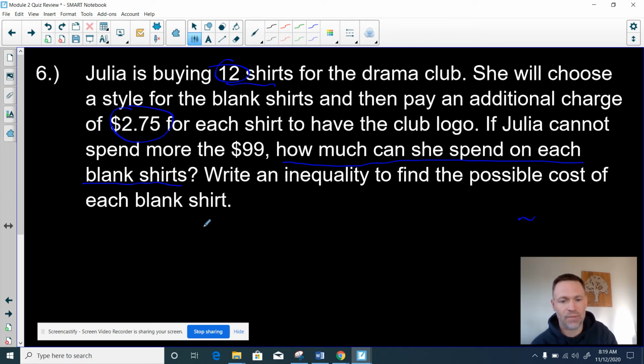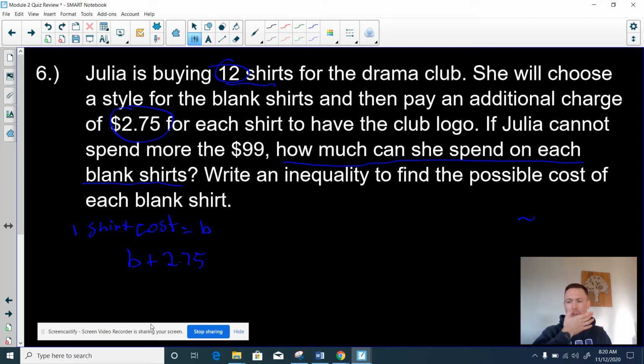So let's think of it this way. If I'm going to buy one shirt, let's say that one shirt is just B. For that one shirt, whatever that cost is, one shirt cost is equal to B. Now I'm also going to add, no matter what, $2.75 to that.